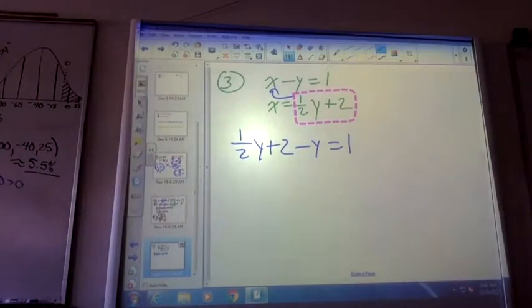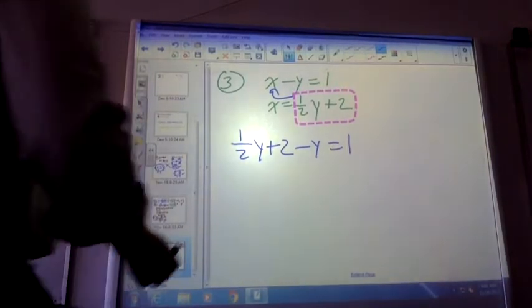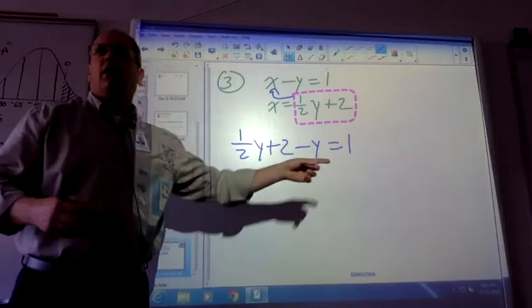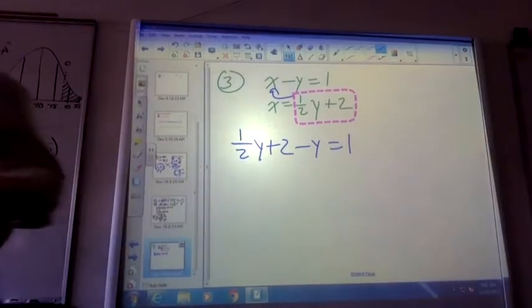All right. The F word's up there. Fractions. Okay? I taught you something earlier in the year to not worry about fractions. What step took place? Multiply everything by 2. Yeah. So you could go and try and work this going, okay, if I add 1/2 to negative y, it comes out to negative half y.